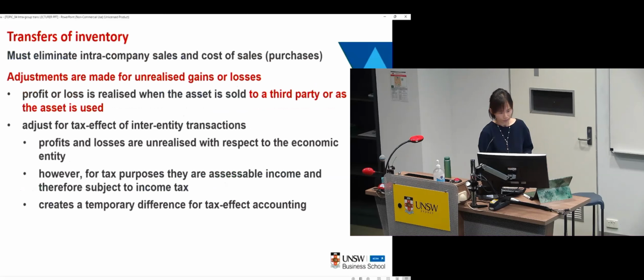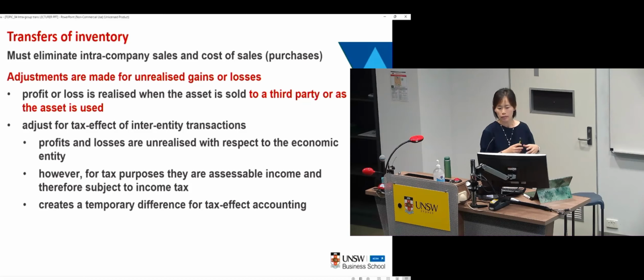Okay. All right, now let's start with the transfer of inventory. The elimination entries are required to eliminate all the intragroup sales revenue and cost of goods sold, and in addition to that, we need to adjust the carrying amount of inventory, right? Because the transfer price is either above, which is very common, or might be below the original cost.